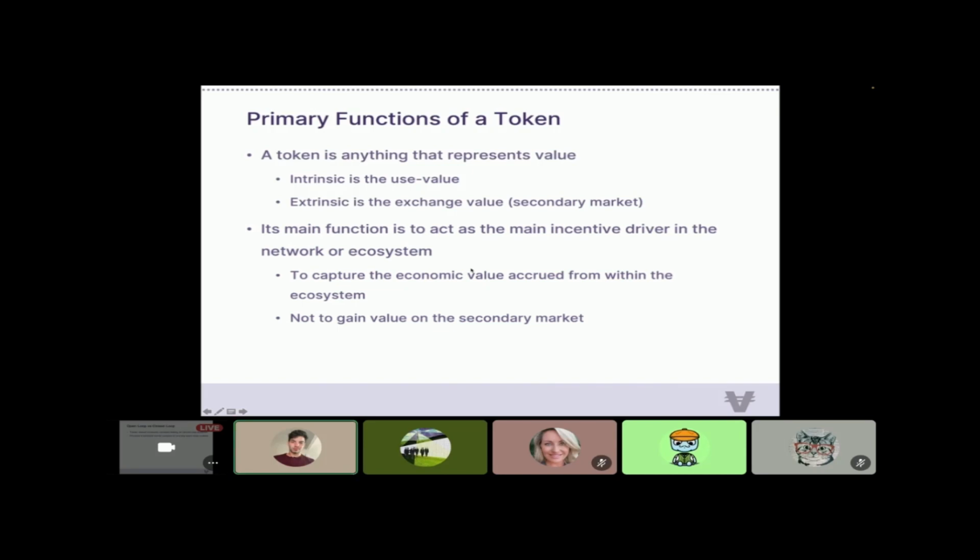Its main function is to act as the main incentive driver in a network or ecosystem. The important part is to capture the economic value from within the ecosystem. That means that the token, if it's used for a certain purpose, will capture that value, and it should not focus on gaining value on the secondary market.